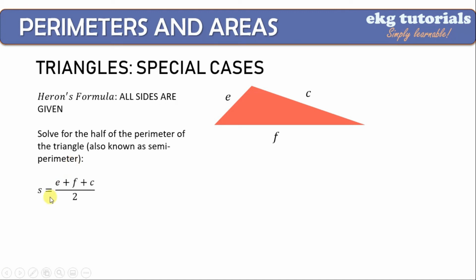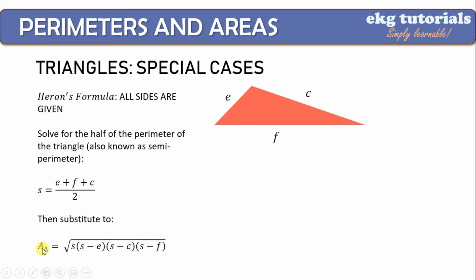In this case, the semi-perimeter, represented by the variable s, is equal to the perimeter of the triangle divided by 2, since semi means half of the perimeter.